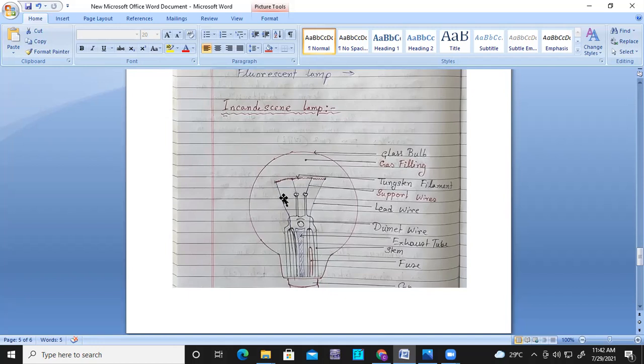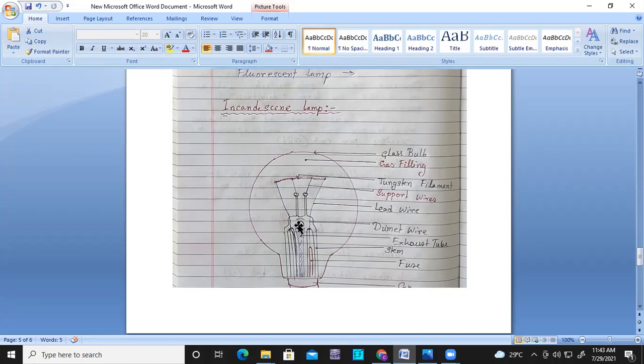Now we have to provide power to this filament, and that is the lead wire. This lead wire is made of nickel-plated steel, generally steel, but the plating is done with nickel. Within this there is a supporting wire, which is a molybdenum wire.